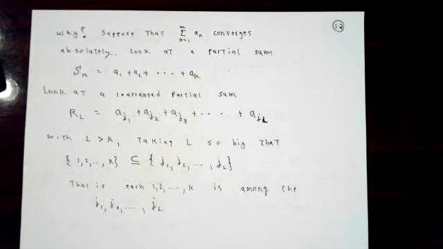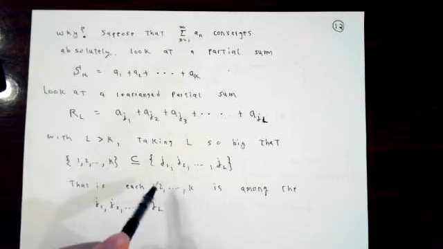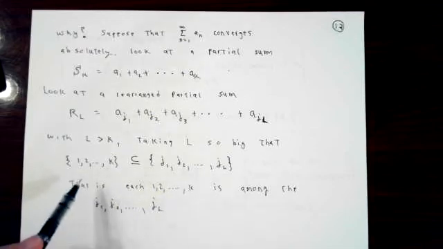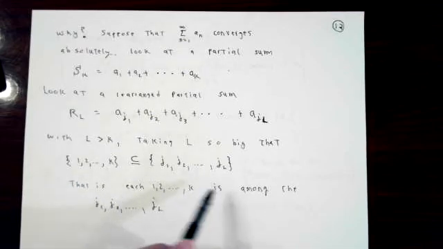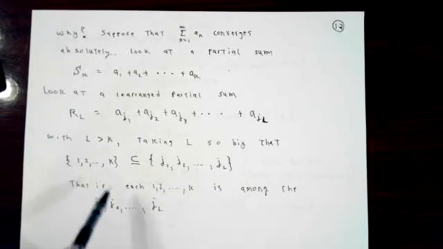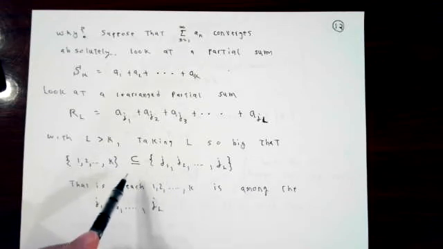The L is going to be bigger than k, and I'm going to pick it so big that 1 is one of the numbers j1 through jl, and 2 is one of these numbers, and 3 is one of these numbers, all the way out to k being one of these numbers. This means is a subset of.